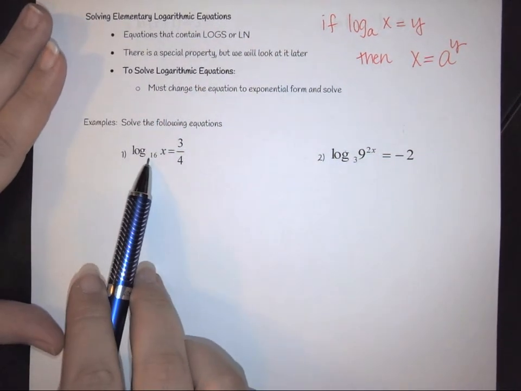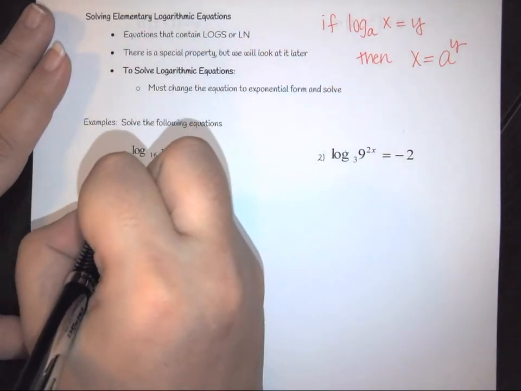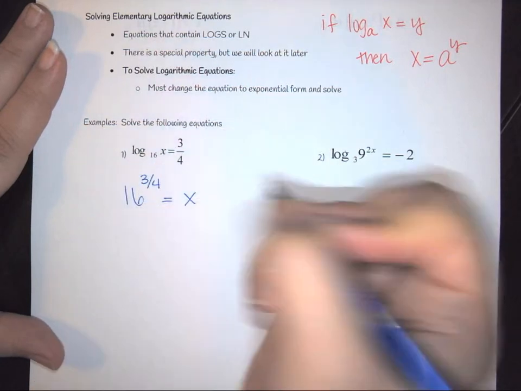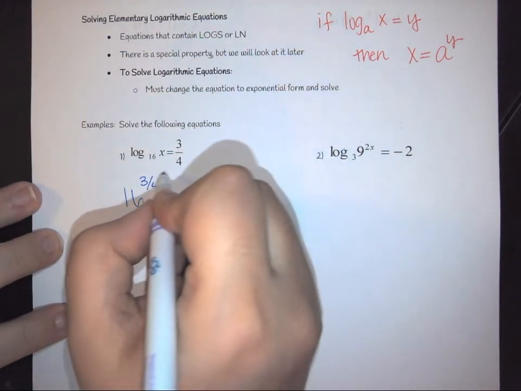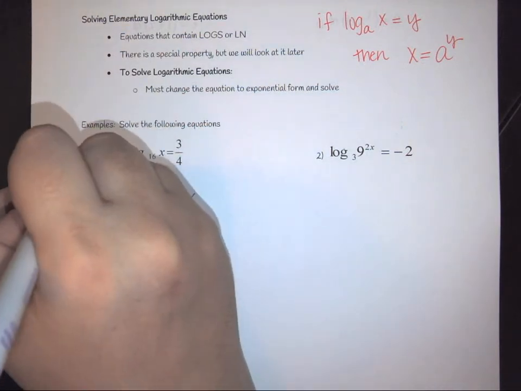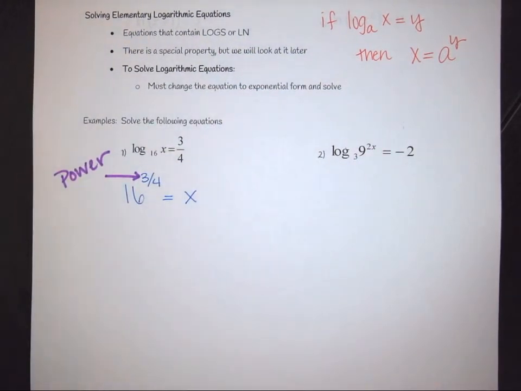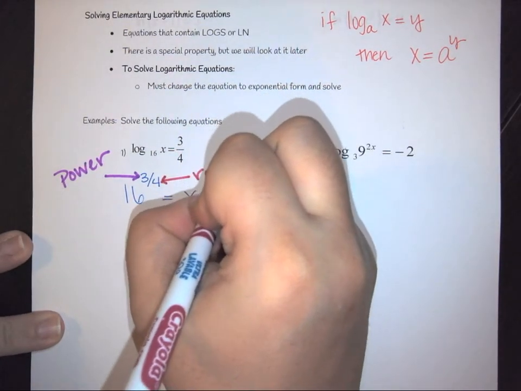So here I have log base 16 of x equals 3/4. So I'm going to rewrite this as 16 raised to the 3/4 equals my x. Now with this, I have to remember that when we're talking about the top here, we are talking about a power. However, the denominator, my 4, is going to be your root.